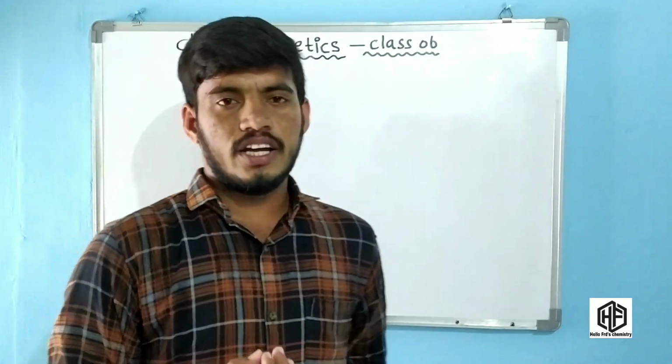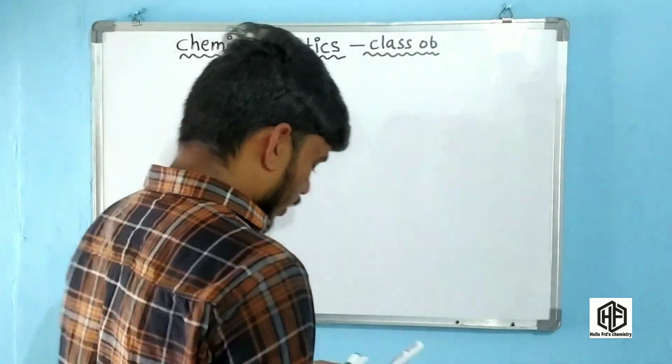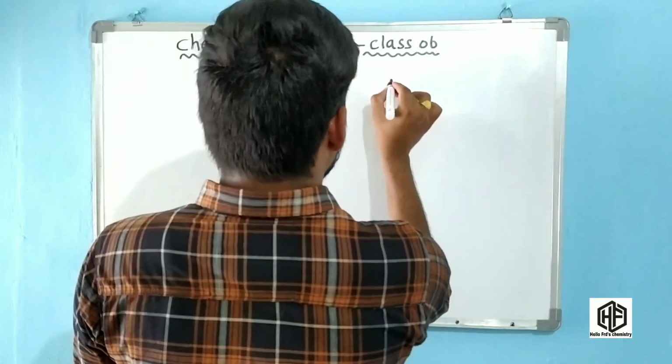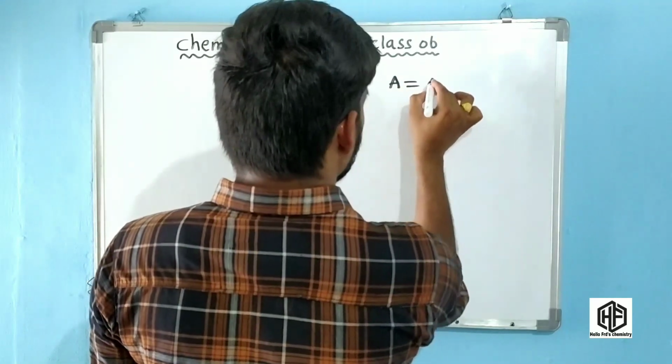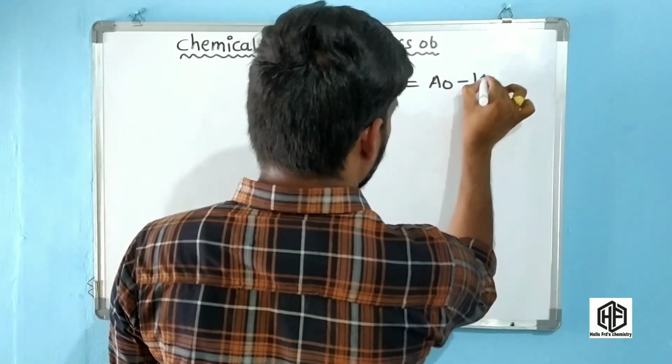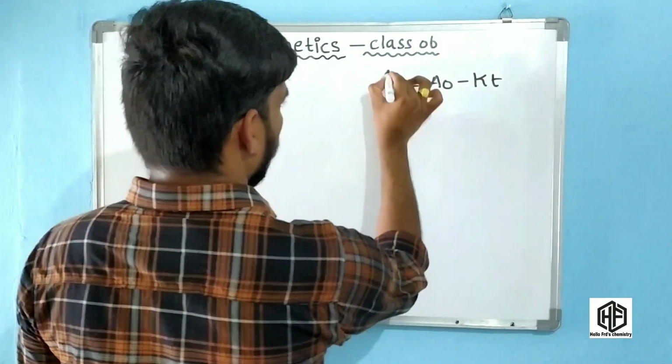The zero order integrated rate law is A equals A naught minus kt.